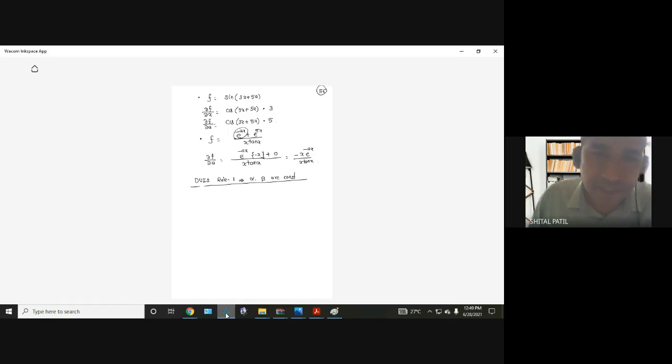Consider an integral as phi of a equals the integration from alpha to beta of f of x, a dx. Here alpha and beta are constants.